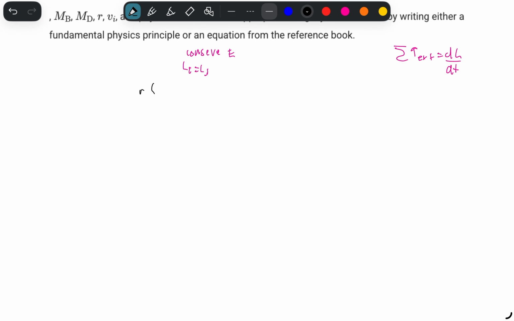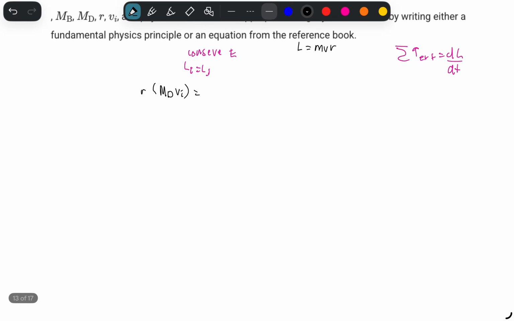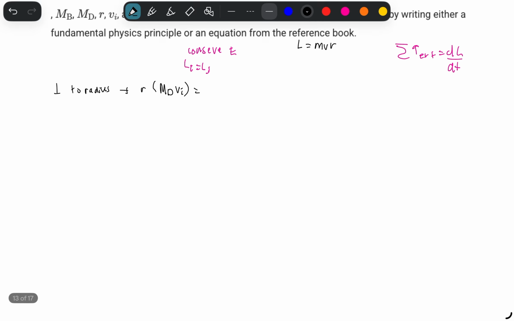Now, we have angular momentum equal to md v r, because angular momentum is mvr, and the dart's momentum is perpendicular to the radius. So this is our angular momentum initial.